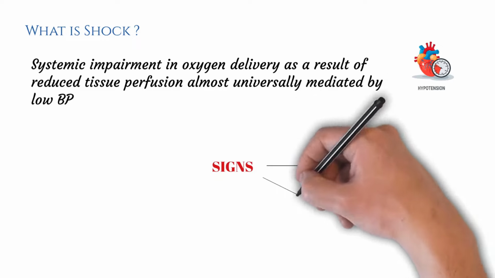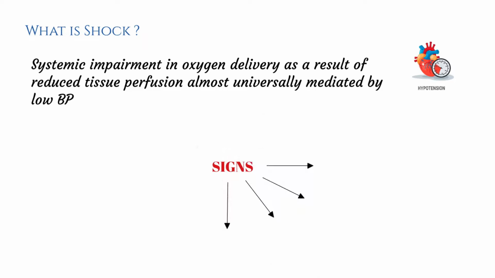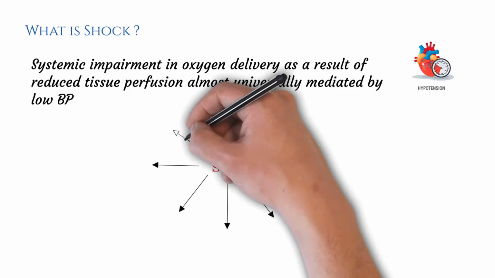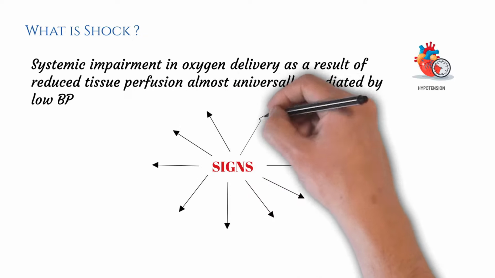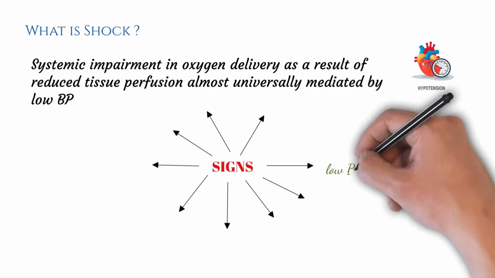Now, what are the various signs which indicate that the patient is suffering from shock? So basically in shock, there is low blood pressure which causes a decrease in tissue perfusion, and as a result there is systemic impairment in oxygen delivery.